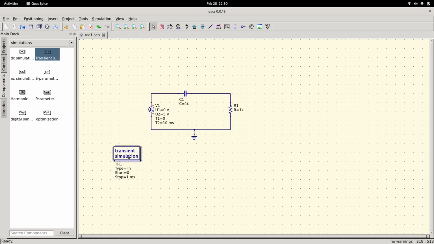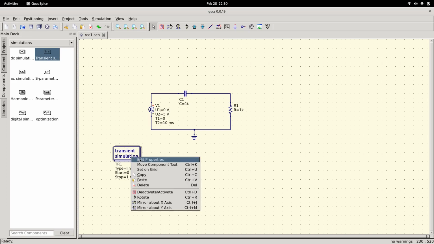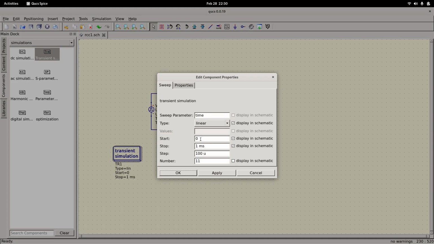Now we want to edit. Select this, right click, edit properties. Start value is 0. Stop value is, let it be 8 milliseconds. It should be at least 5 milliseconds for 5 time constants. We are making time a bit more higher.